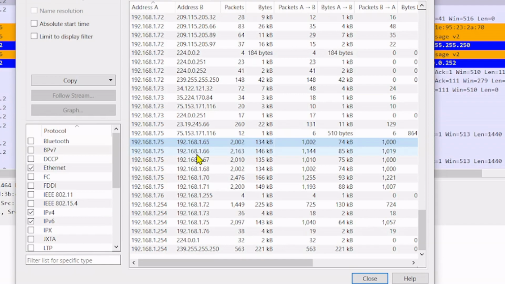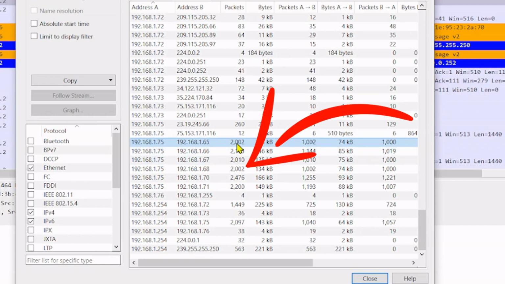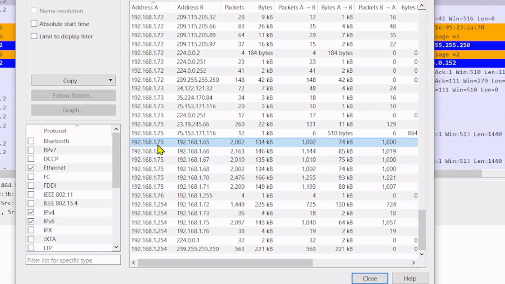That's a little strange. And something else that's also strange is the number of packets that's sent. We see 2,000 around there, another 2,000, another 2,000. Between this machine and that machine, we have roughly 2,000 packets being sent between each of these machines. Why is it such a uniform number? Well, let's dig into it.